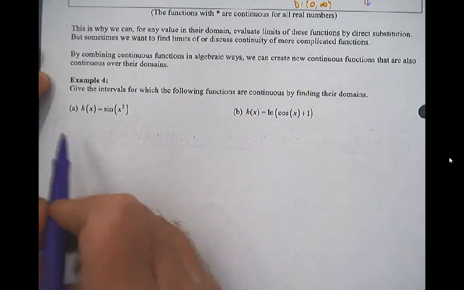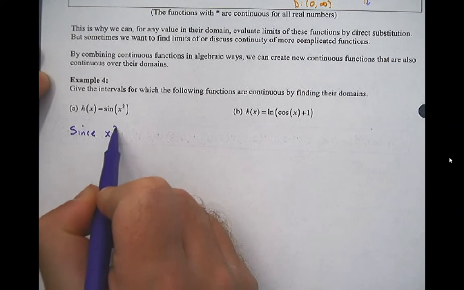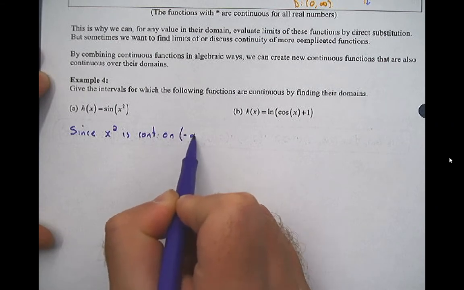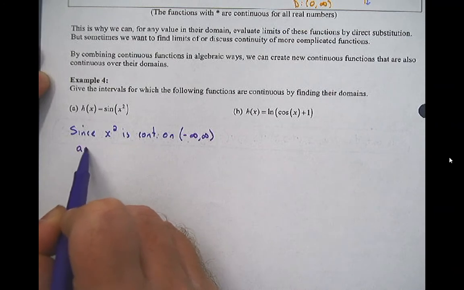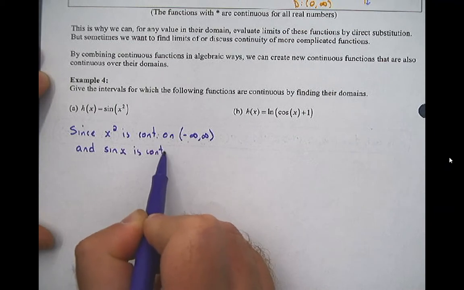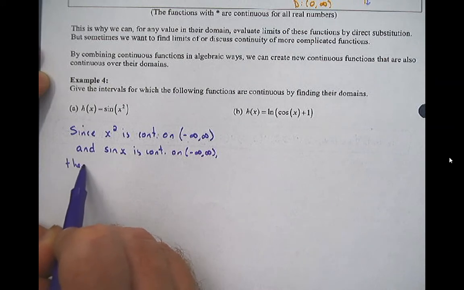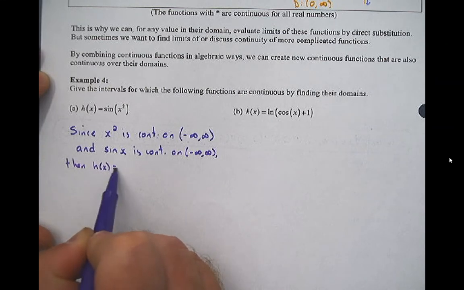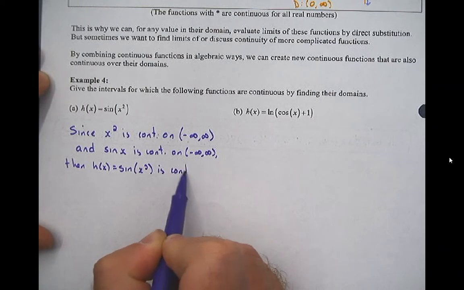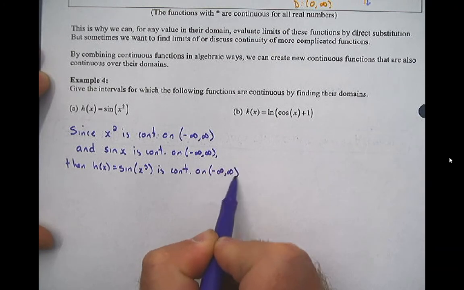So we would say something like this: since x squared is continuous on negative infinity to infinity, and sine of x is continuous on negative infinity to infinity, then h of x equals sine of the quantity x squared is continuous on negative infinity to infinity.